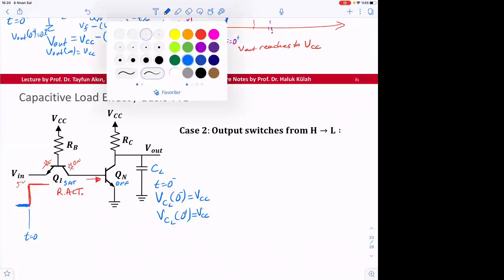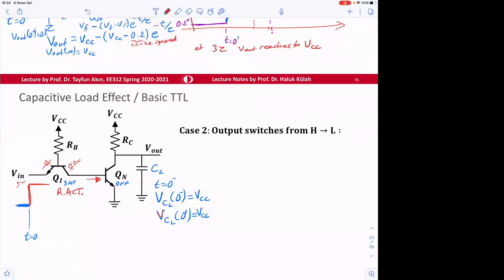So maybe I should go to this color. VCL 0 plus is also VCC. Okay. So therefore this voltage is going to be VCC. You say it's saturated.